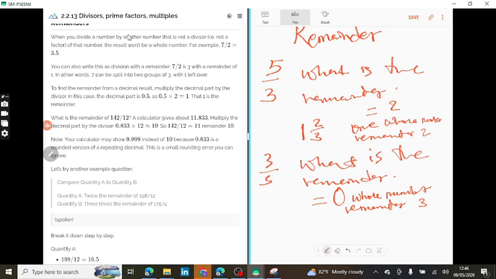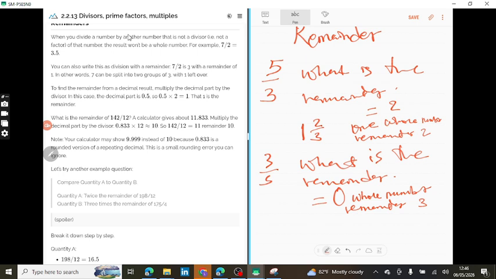I'm trying to avoid complex formulas, so that you don't just go and say, I know the formula for remainder. No, just take it on the basic understanding of it: the remainder is what is remaining.